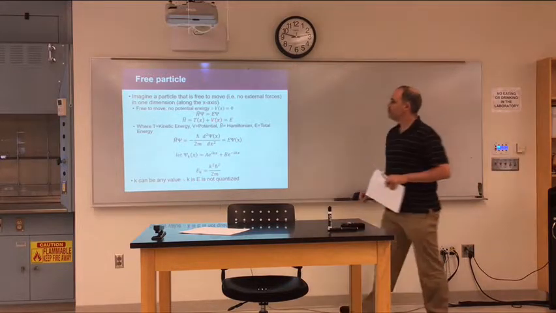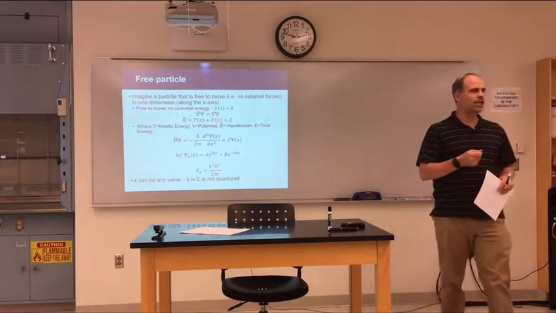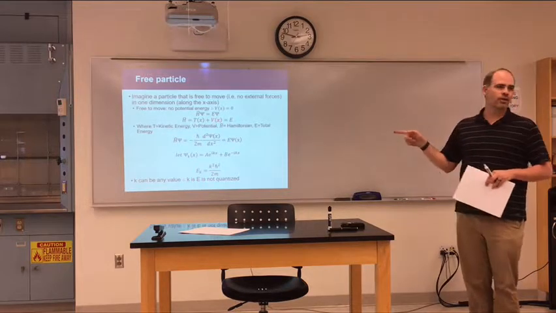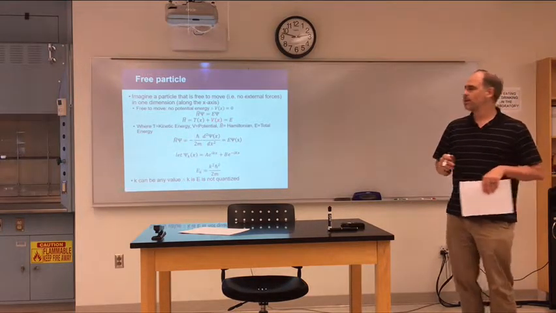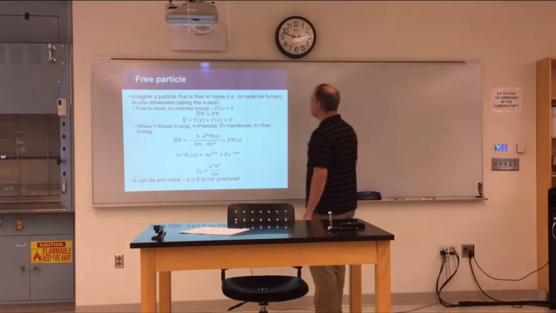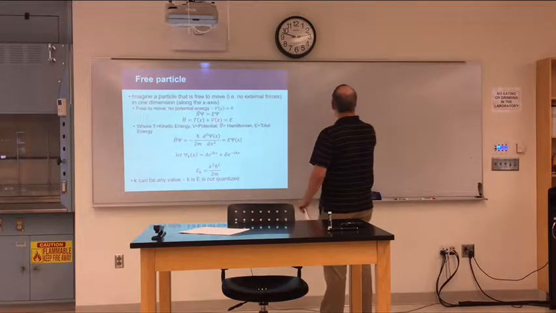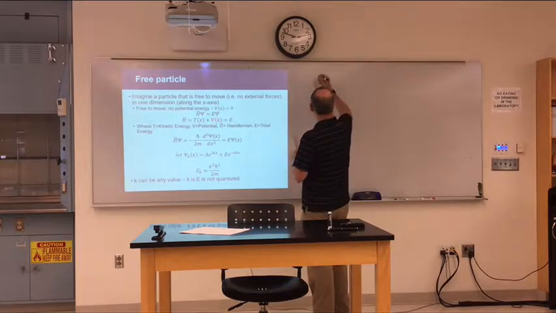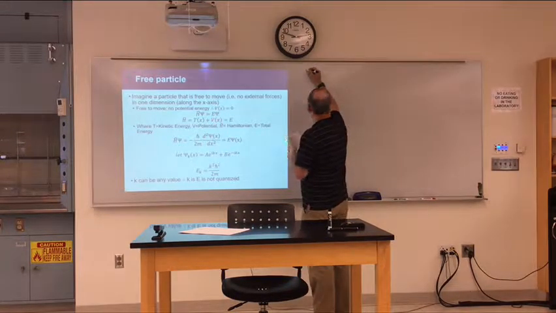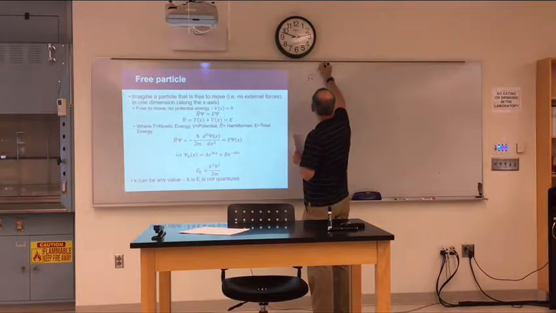So, free moving particle, if it's free, then there's no potential energy, right? There's no forces acting on it, which is what free means. So, we're going to use the function that we had before, right? We had minus h bar squared over 2m d squared psi.